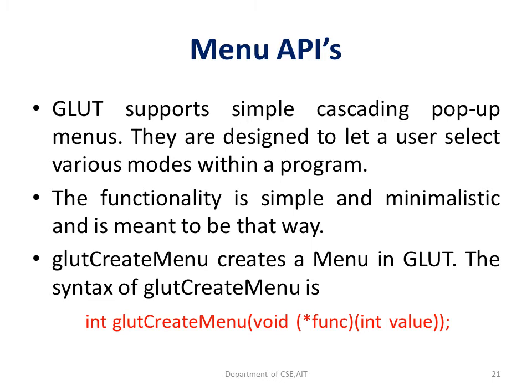So glutCreateMenu returns one integer, and it also accepts one integer as a parameter. On the parameter being accepted, we are going to write the code and decide the direction of the program. And the integer being returned here is the menu ID. That means this particular ID number will be returned back.